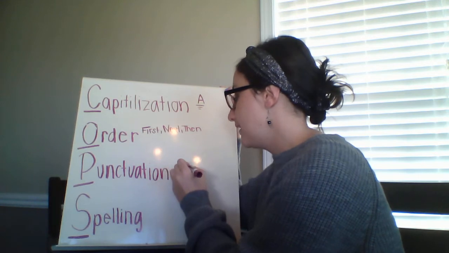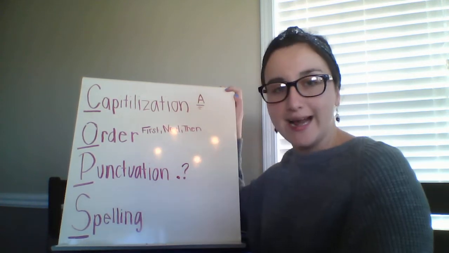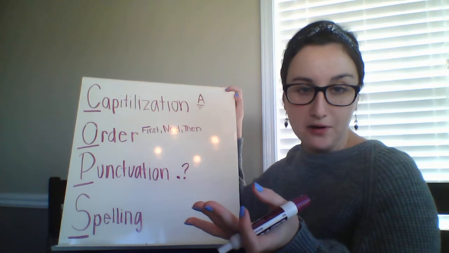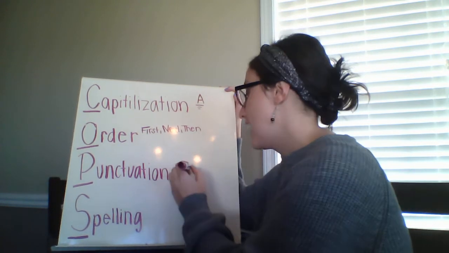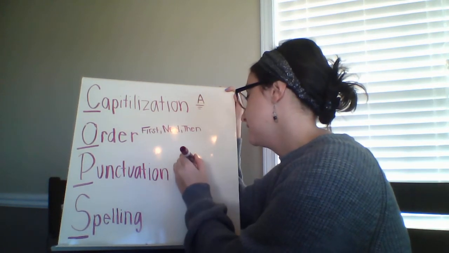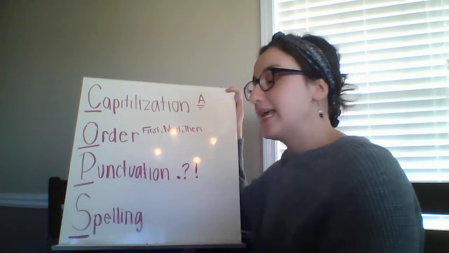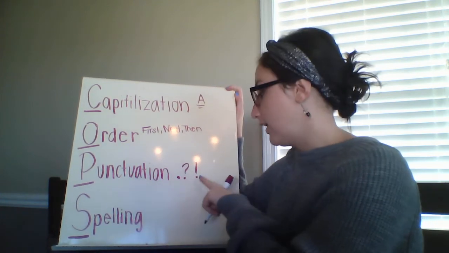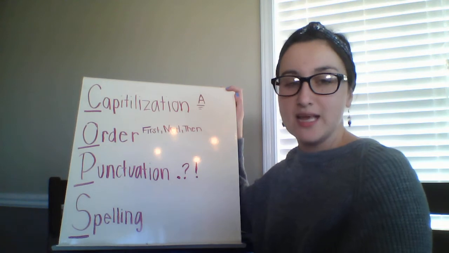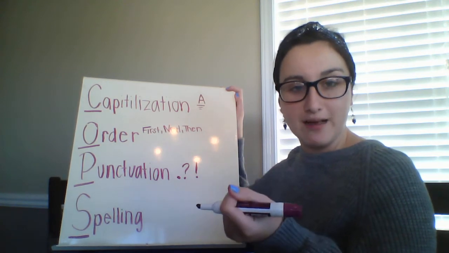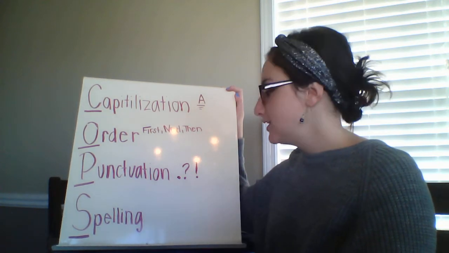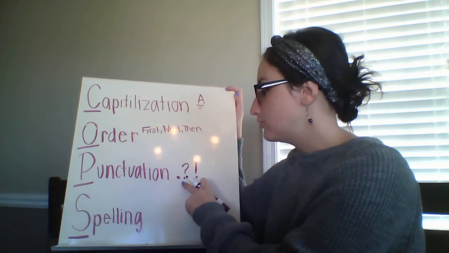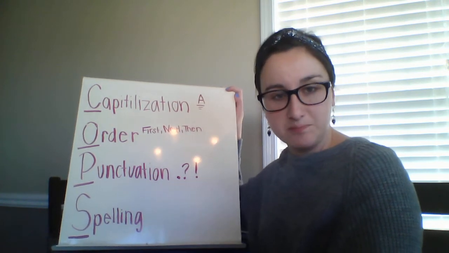Do I have any questions in my writing that would require a question mark? Do I have any statements in my writing that would require an exclamation point to let the reader know that's something I'm very excited about? Do I have punctuation in my writing?